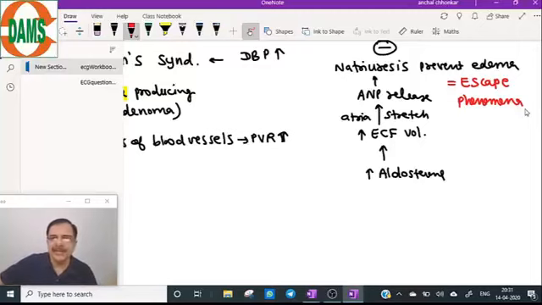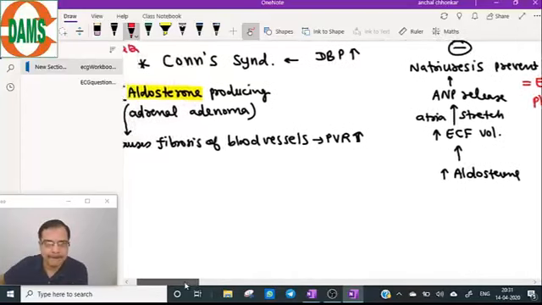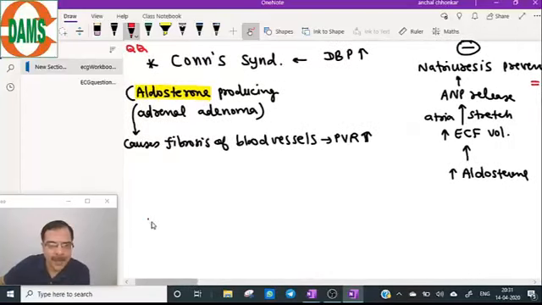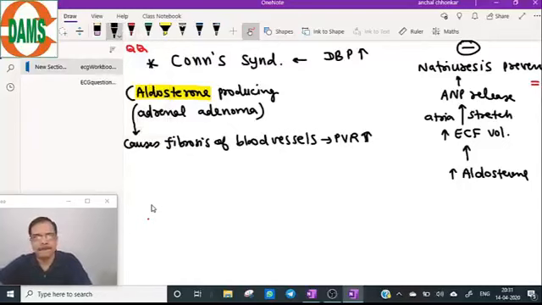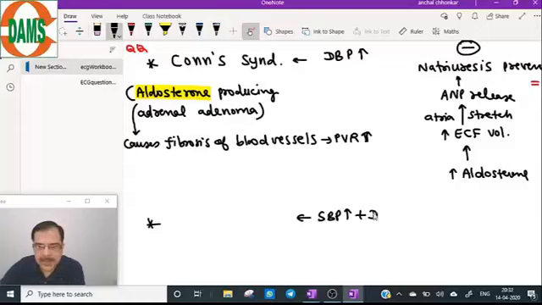Now come to the number 4th endocrine cause of hypertension. In this condition both blood pressures are high, systolic BP plus diastolic BP, and edema is absent.